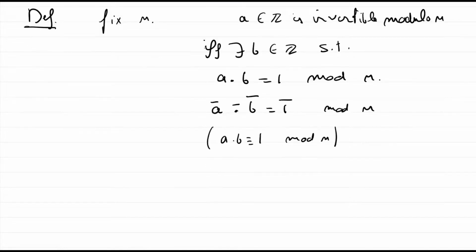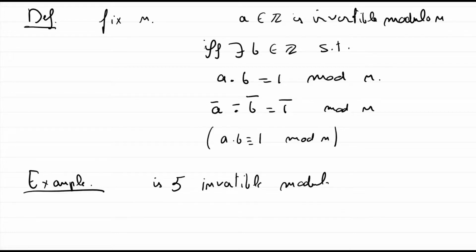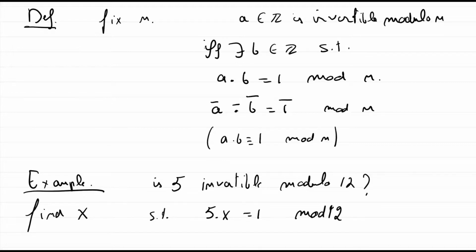So let's give an example to understand this definition. Say modulo 12. I ask, for example, is 5 invertible modulo 12? So we want to find a number x, natural number, or just an integer, such that 5 times x is the same as 1 modulo 12. Does this exist?